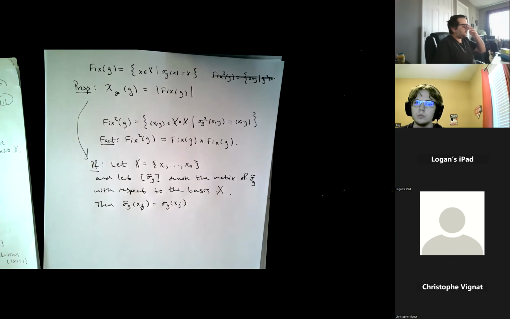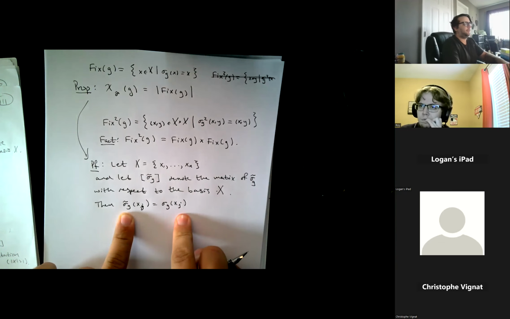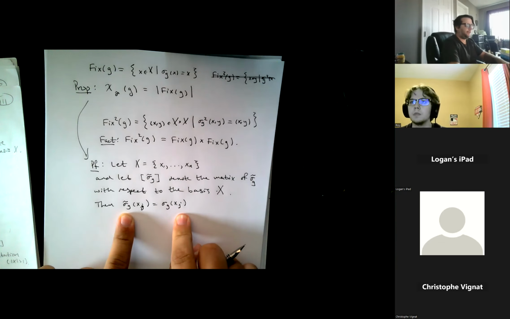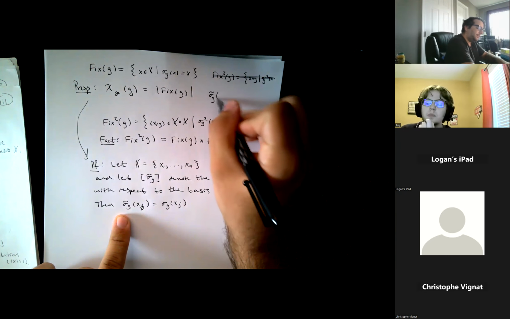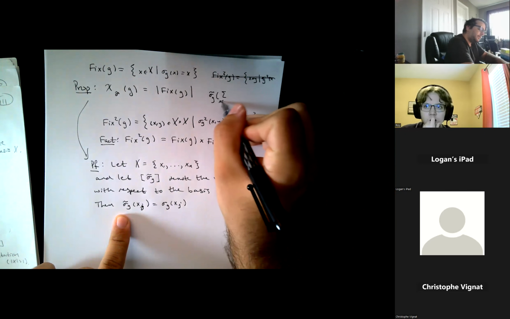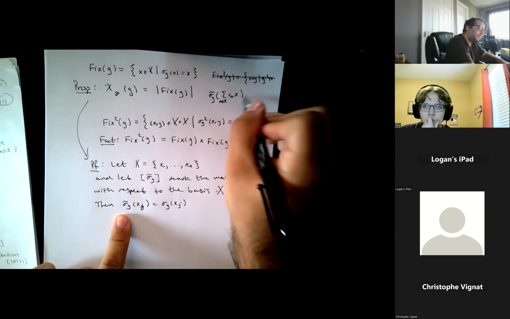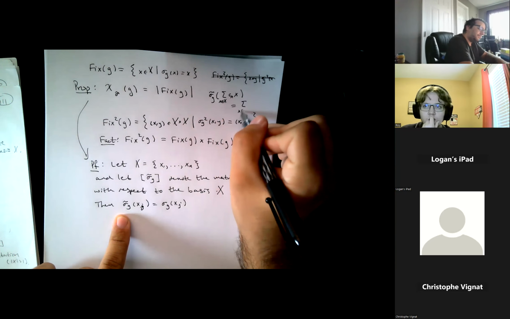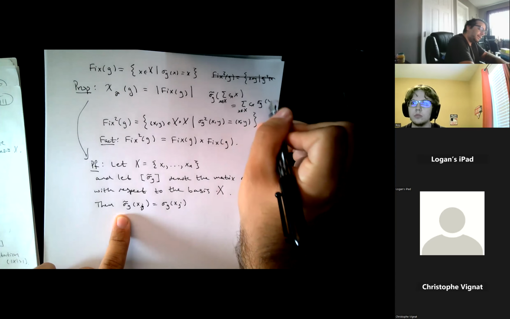Why is that the case? Because the way this representation is defined is by its action on the basis elements. We defined it so that sigma tilde g of a sum is just the sum with sigma g acting on x.